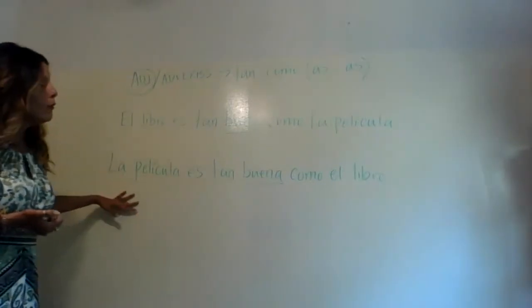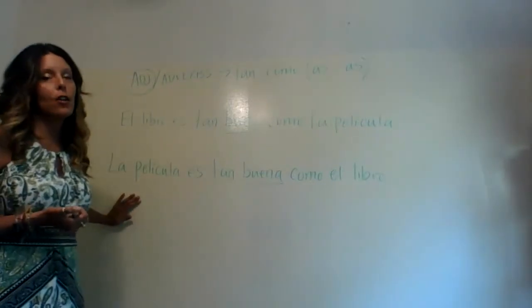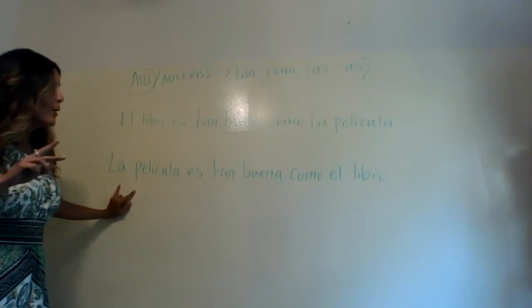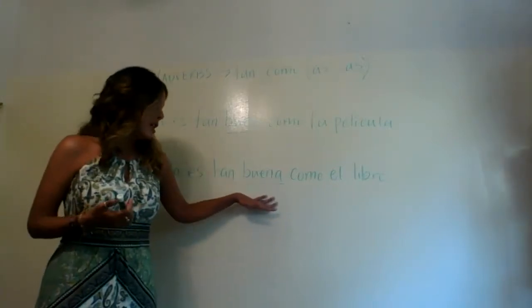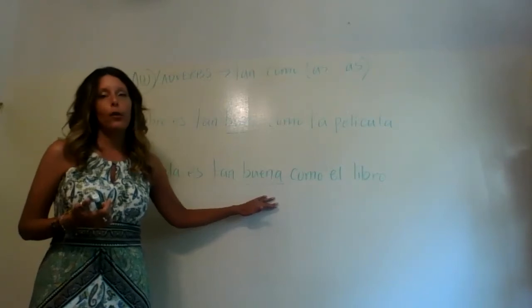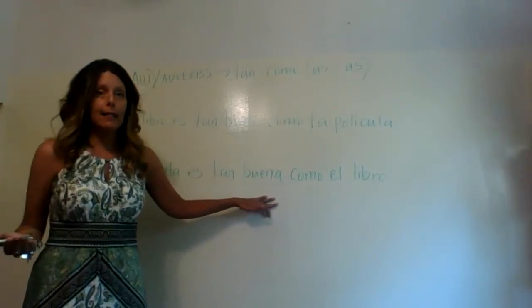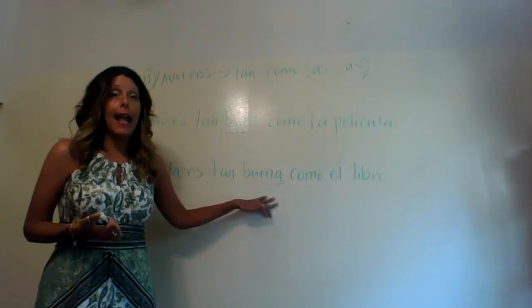And then just down here, if you wanted to say the movies are as good as the books, since the movies would be feminine and plural, our adjective is going to need to change, and it's going to need to be in its feminine and plural form. So instead of buena, it's going to change to what? Buenas, right? B-U-E-N-A-S.